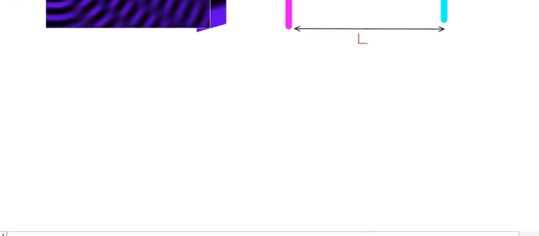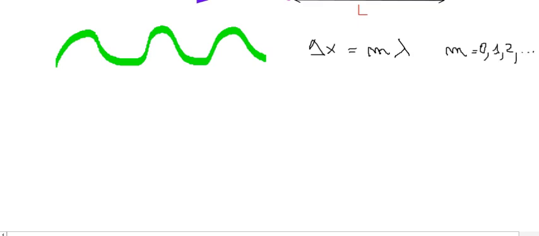Now, if this change in path, delta x, is an integer multiple of the wavelength lambda, m lambda, where m can be 0, 1, 2, etc. So imagine just it's equal to 1, and I'm looking at the starting point.